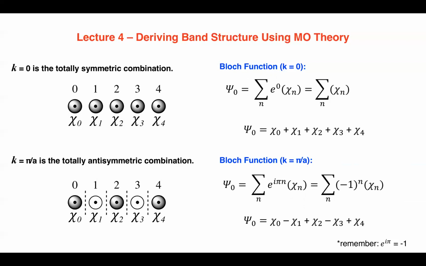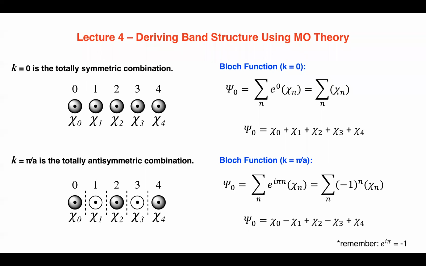So now you have the sum of -1 raised to n times chi n. If you do the linear combination of each of those and you stick in a 0, a 1, a 2, a 3, and a 4, you'll see that it varies from plus and minus to plus and minus across the linear combination.